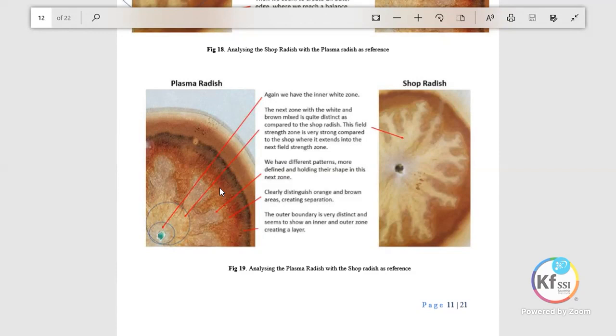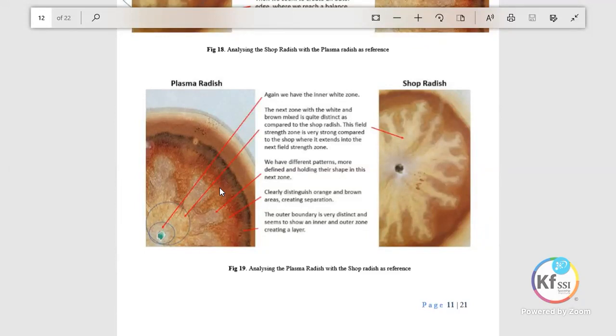Now, when we compare that white-brown mix to the shop radish, we can see that the white-brown zone has extended quite far into the outer edges of the shop radish there, and intermixing with the brown and orange layers.